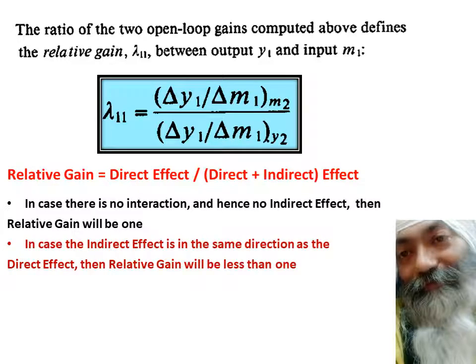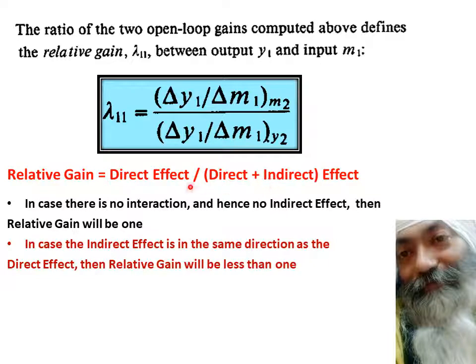The second case is that suppose there is some interaction, and because there is some interaction, this interaction will act as the indirect effect also, and let us say it is in the same direction as the direct effect. So if direct effect is taken as positive, indirect effect is also positive because it is also acting in the same direction as the direct effect.